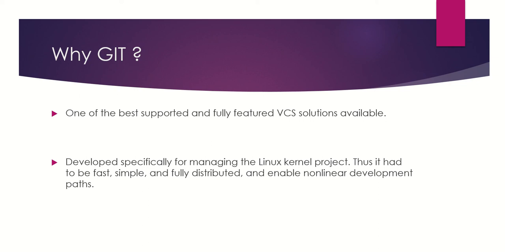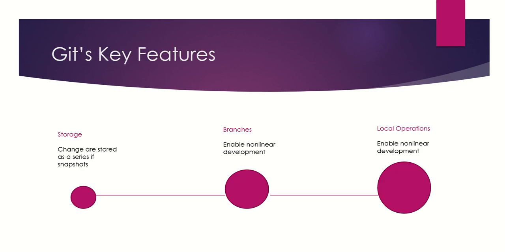Git stores data about tracked files as a series of snapshots, as opposed to most other VCS systems that store the set of changes made to a file over time. Git basically takes a snapshot of what all your files look like at a given time and stores that.